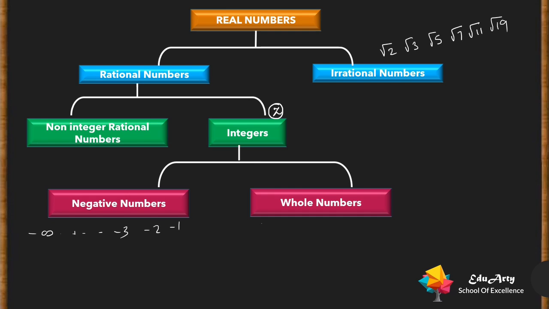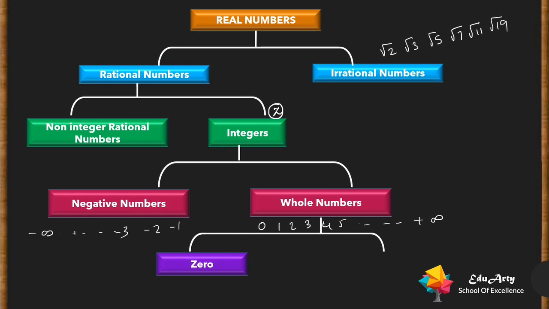And whole numbers start from 0, 1, 2, 3, 4, 5, 6, and so on up to positive infinity, correct? Whole numbers further can be divided into two parts, which are 0 and natural numbers. Natural numbers do not include 0, correct? Natural numbers are counting numbers 1, 2, 3, 4 and so on, right?